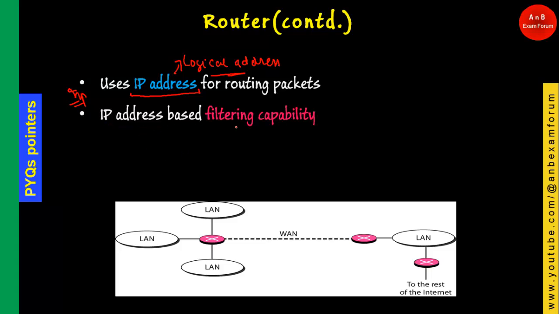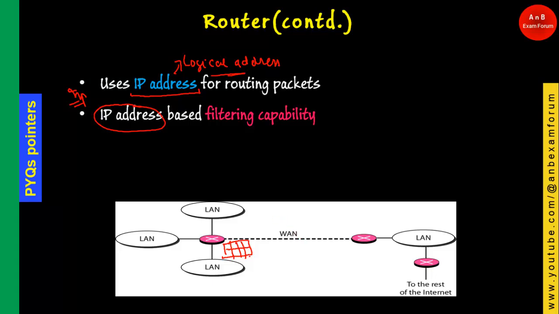Again, a router can have filtering capability, but this time it will be IP address based. Similar to the bridge and switch, it will have a table. That table is called the routing table. In that routing table, it is going to have entries based on the IP address, and to which IP address you should forward the data.